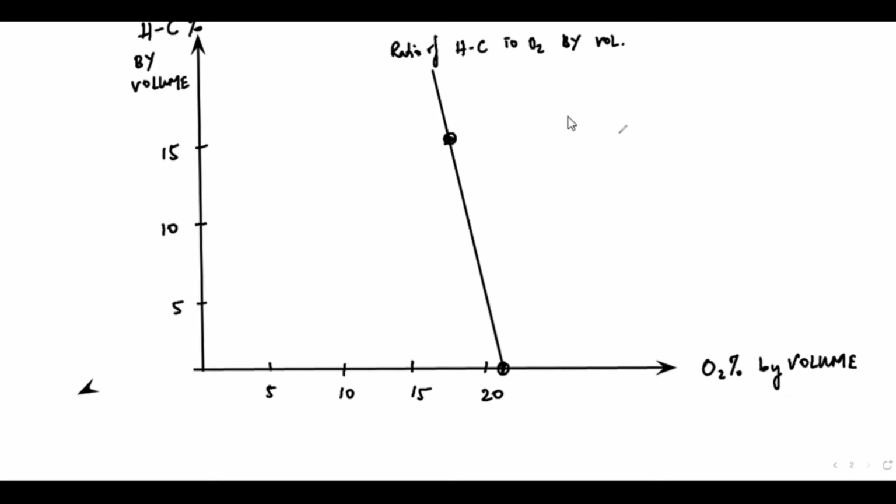Now we need to mark the area in which the gas mixture of hydrocarbon to oxygen will not support combustion.